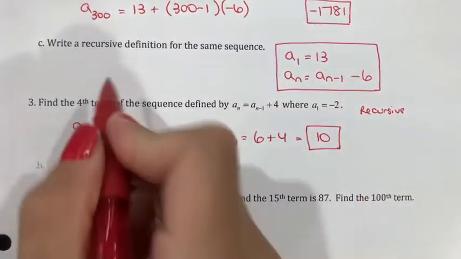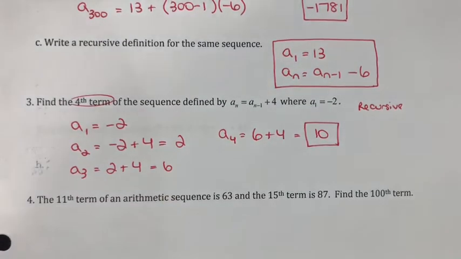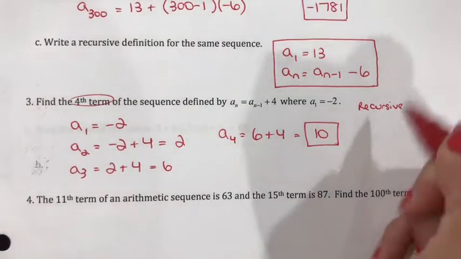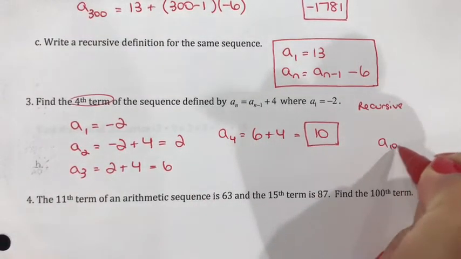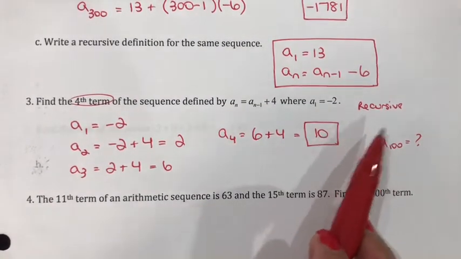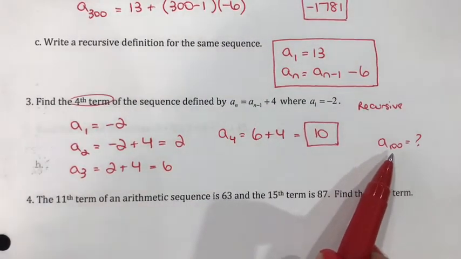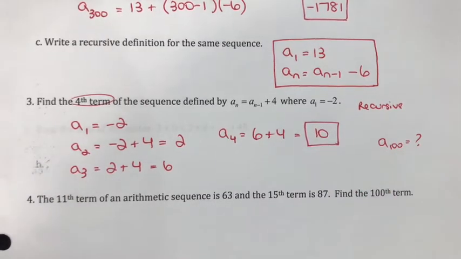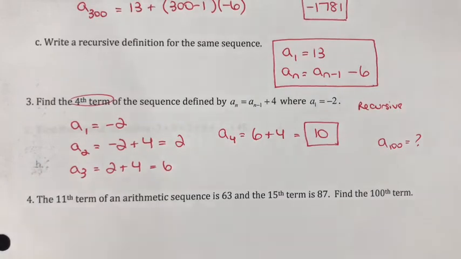And that would be my final answer. So one of the annoying things about recursive formulas is, let's say I wanted a sub 100. You would need every single term up until 100 in order to get that value. Okay, so obviously explicit formulas are a lot easier to use.